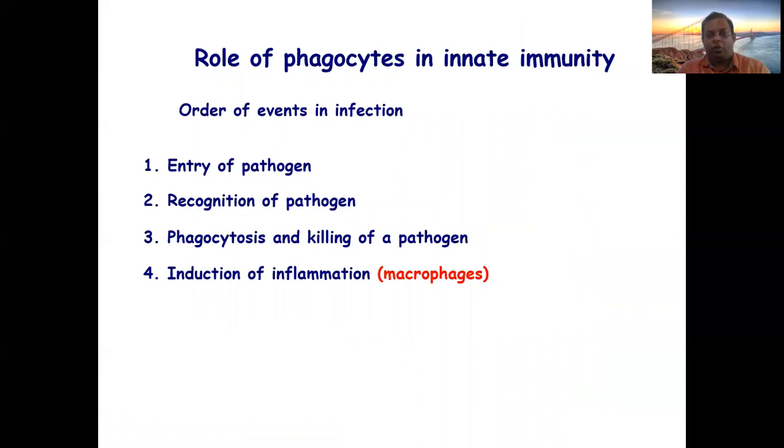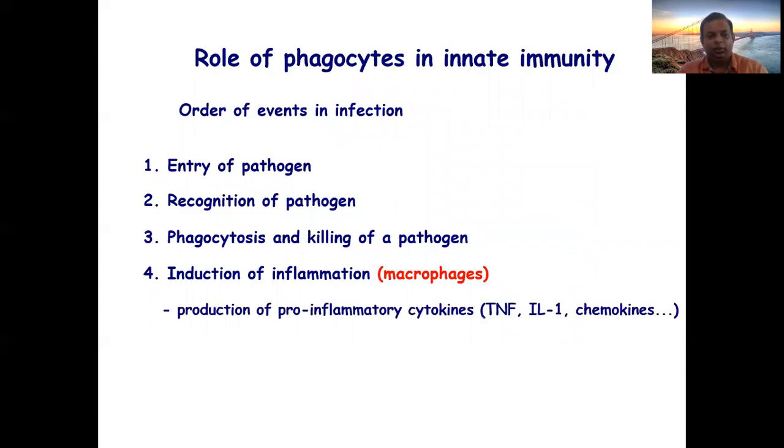Further, it leads to induction of inflammation. So once these steps have happened, from time to time there are secretory molecules, cytokines. So induction of inflammation leads to the patient feeling discomfort, fever, and if it is local, swelling, warmth, tenderness, and the like.